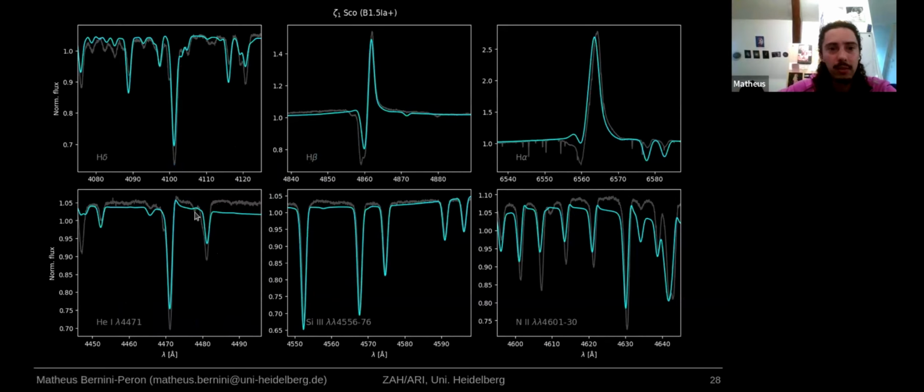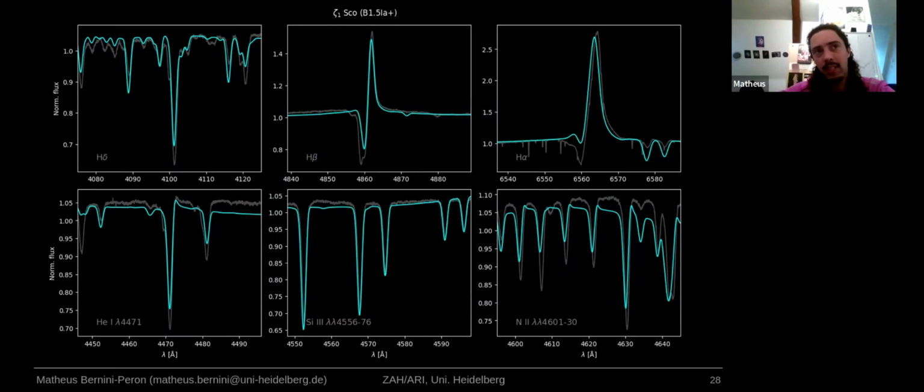Here just showing a few examples. So it's getting silicon 4, silicon 3, also helium as a P Cygni profile, and so on. Of course, some of them are not properly reproduced, but then we also didn't fine-tune the abundances, for instance.